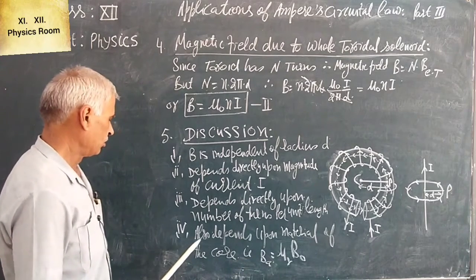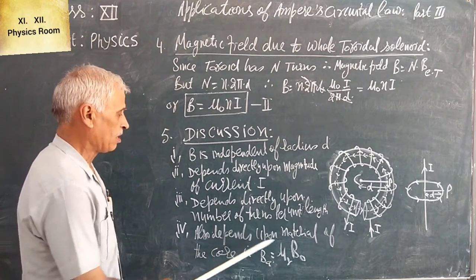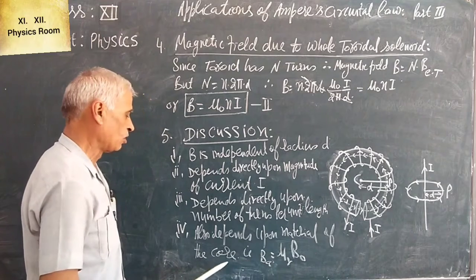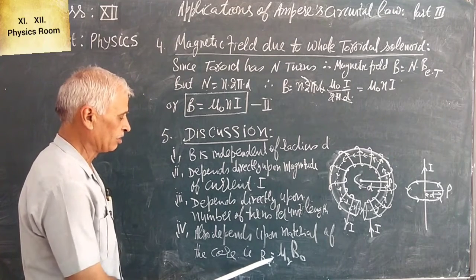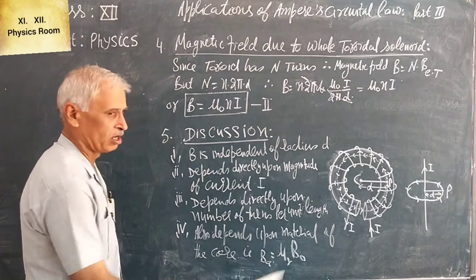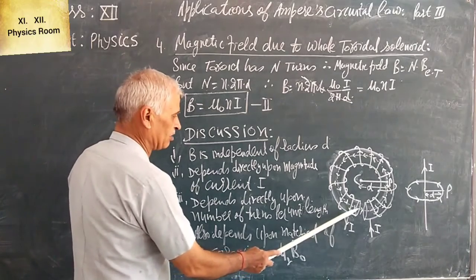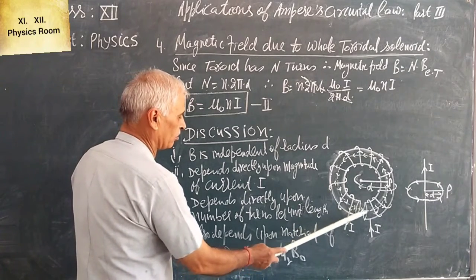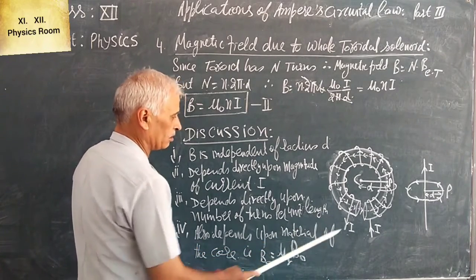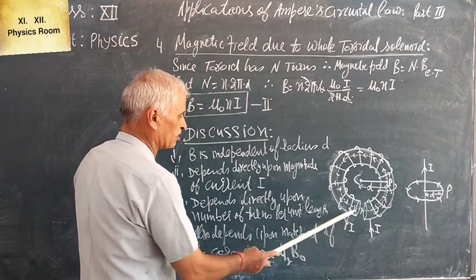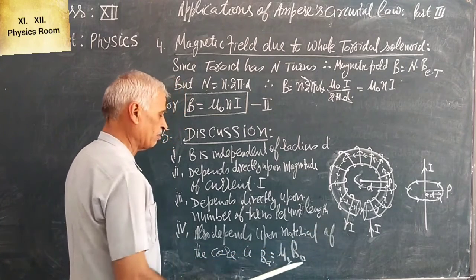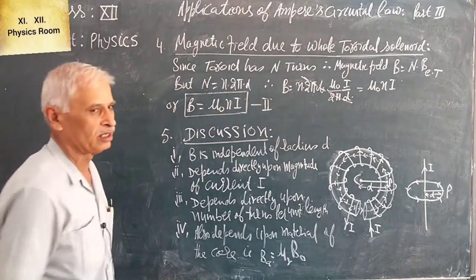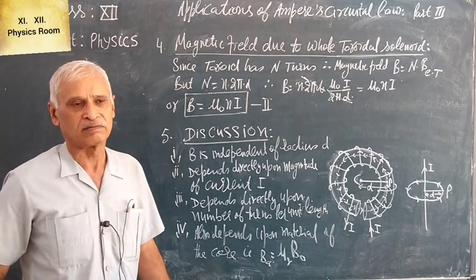So the field also depends upon the material of the core, that is B is equal to mu r into B naught. If we don't put any material inside the core, then it will be B naught. But if we put some material inside the core, it will be multiplied by the relative permeability of the material of the core.